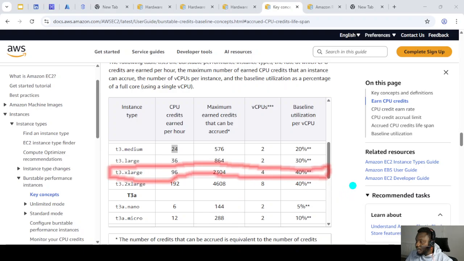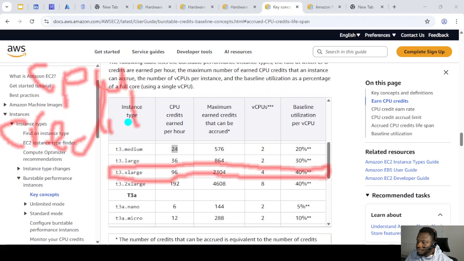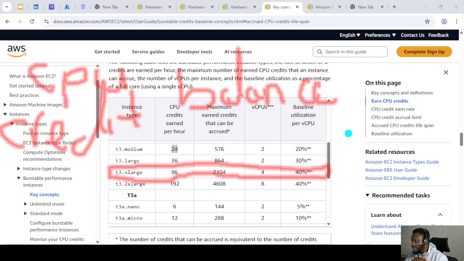Okay. And guys, make sure that you have a metric that captures your CPU utilization and your CPU credit balance. Very important, your CPU credit balance, because when your CPU credit balance is zero and you have an increase in workload, your RDS instance may even go OOM, out of memory, or it may fail over, because of resource contention.